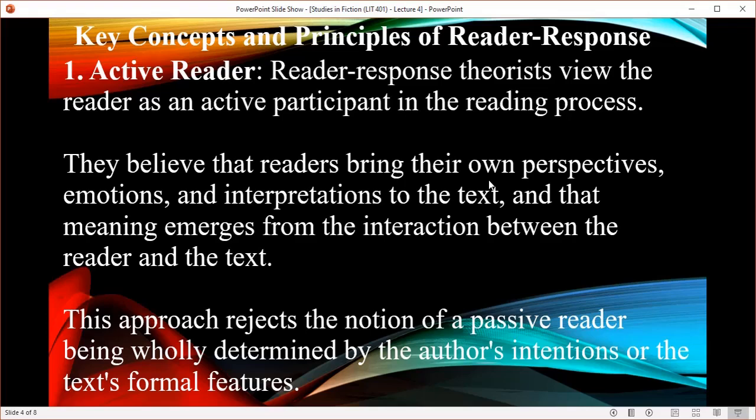So there is an interaction between the reader and the text. The text is not interpreted outside the reader's experience. So there is a total rejection of the notion that the reader is passive in the interpretation of the text.